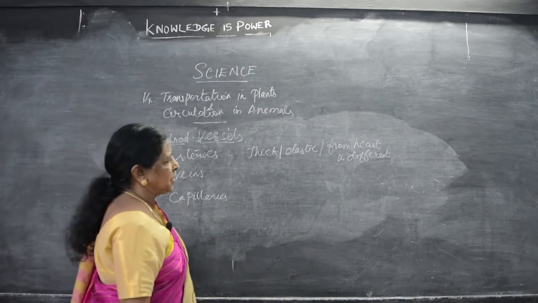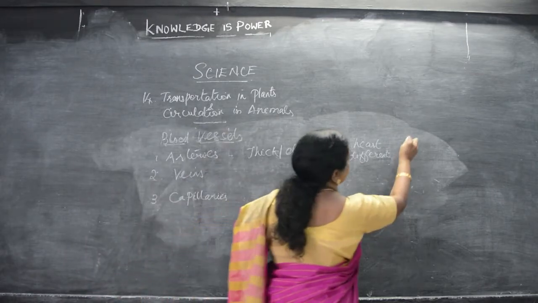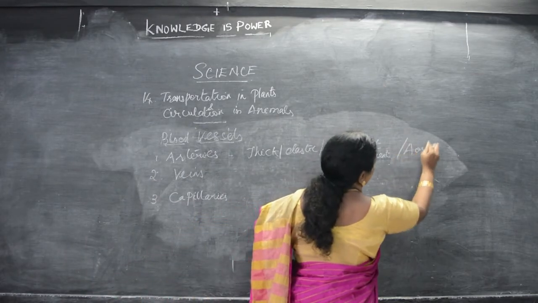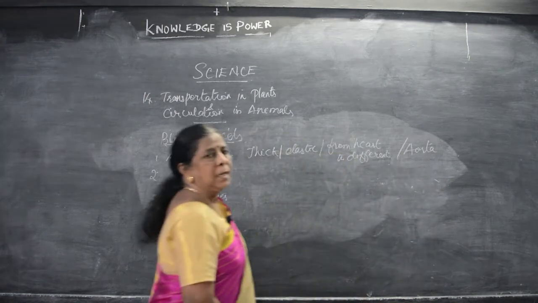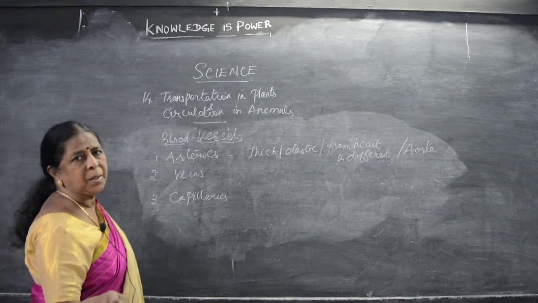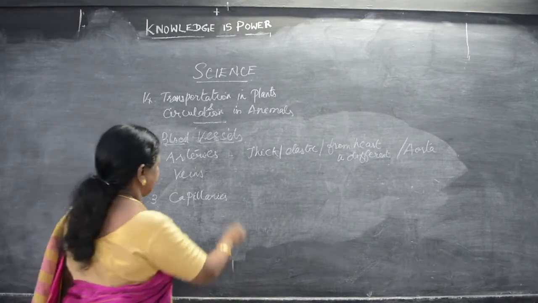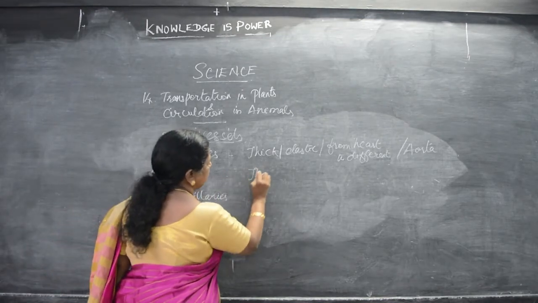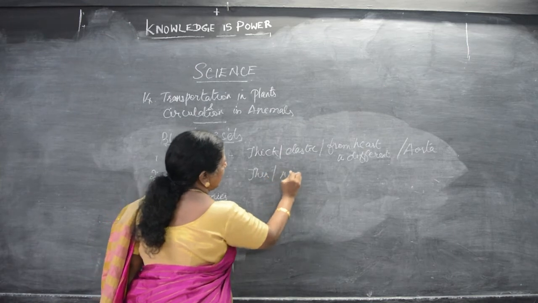Aorta is the largest artery. It supplies the blood throughout our body. So, if asked which is the largest artery, you have to write aorta. Next, vein, this is the opposite: thin, non-elastic.